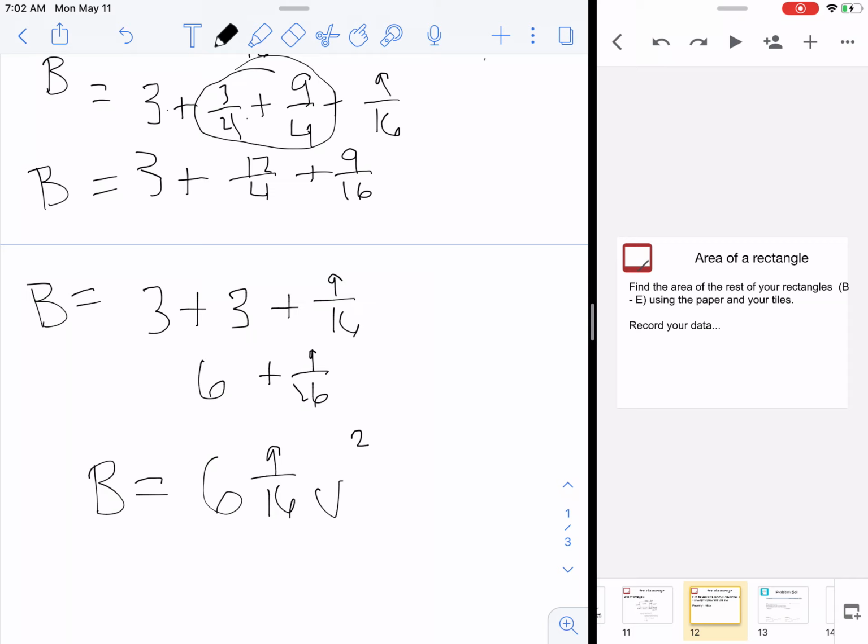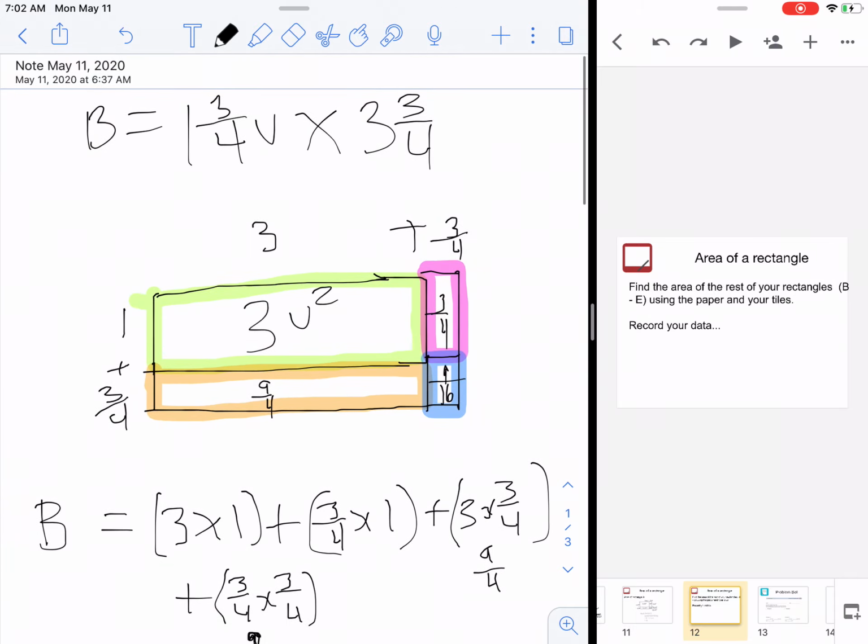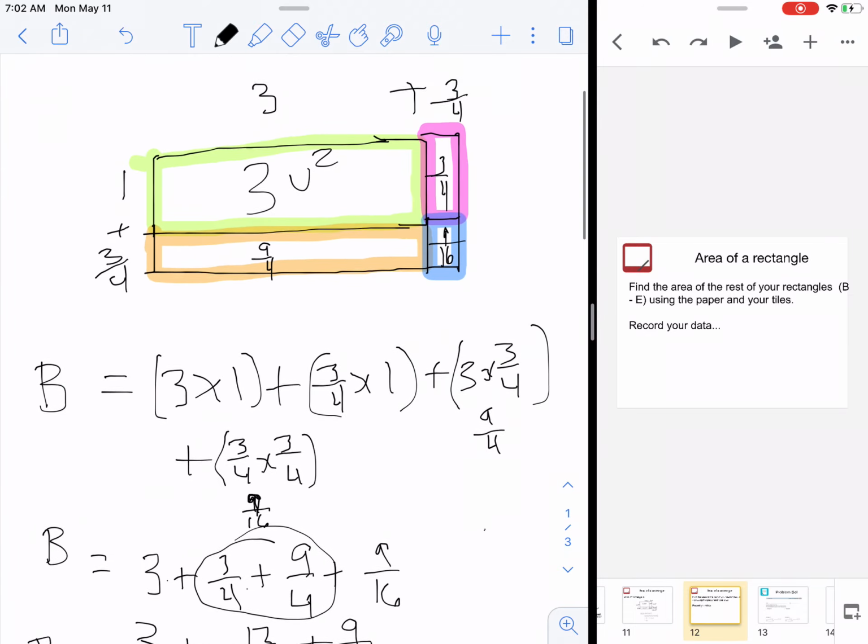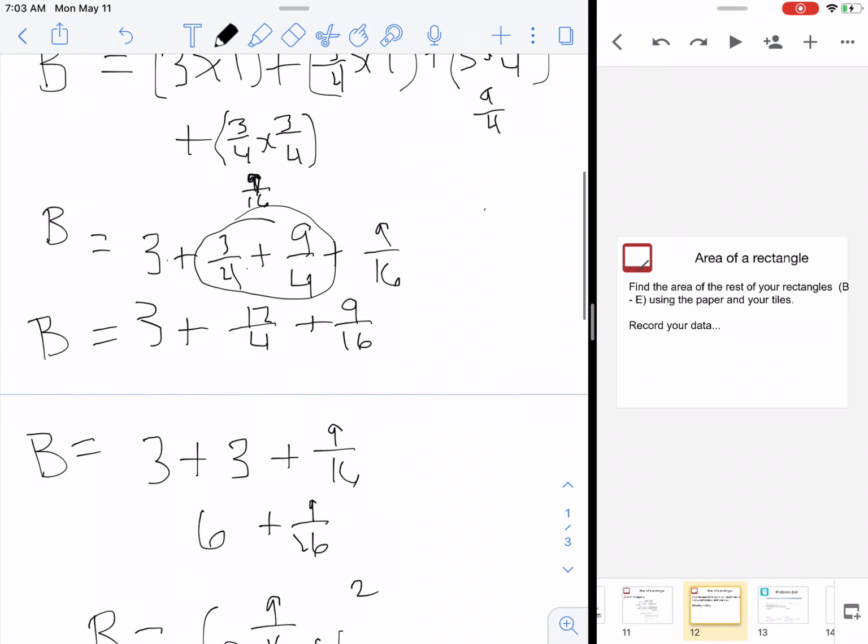Don't forget your label. So the total area of rectangle B is 6 and 9/16. Lots of math there.